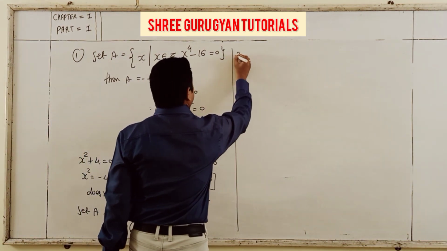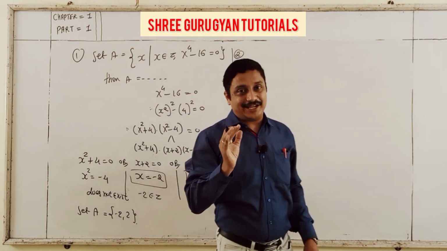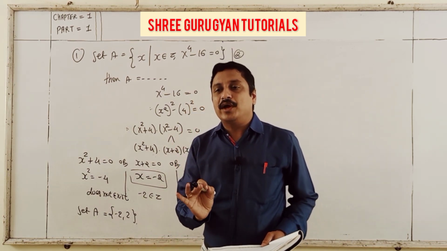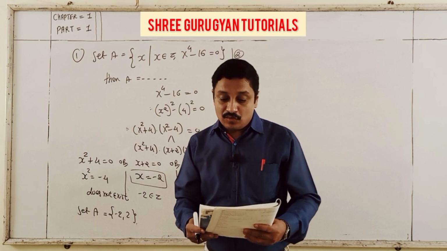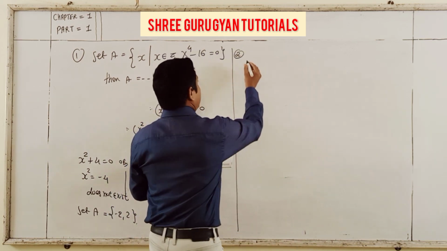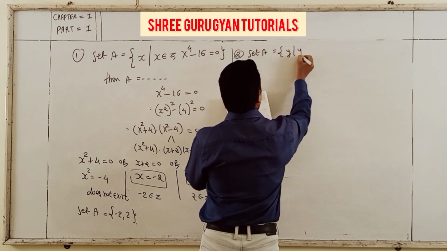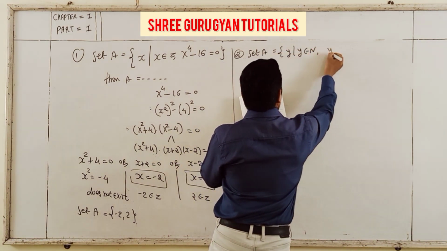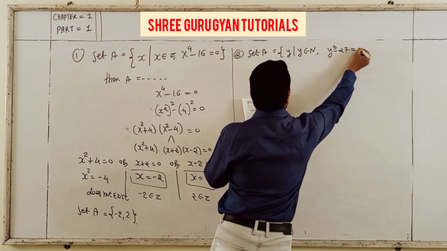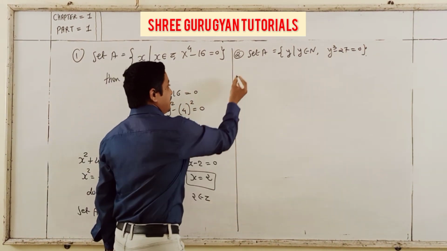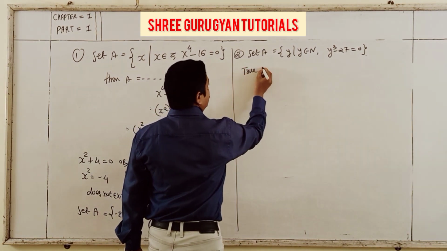Now after that I am moving towards the next question. You write down properly. I am going very slowly. One more question. If a set A is y belongs to N and y cube minus 27 is 0, then which statement is true? Then find out the true statement.